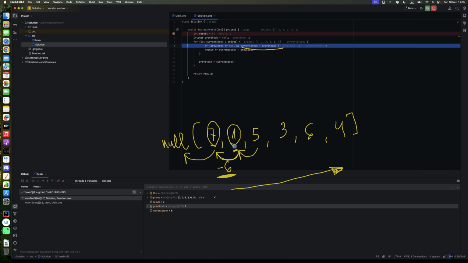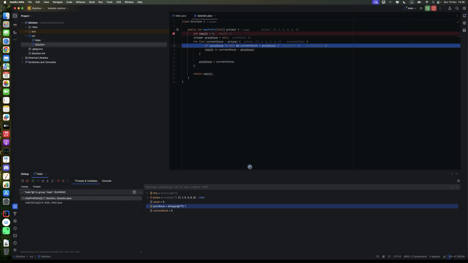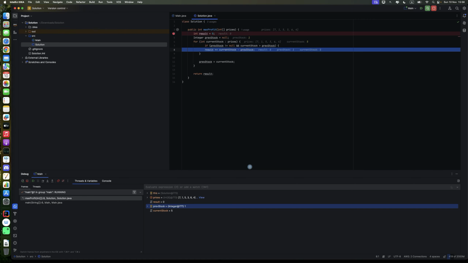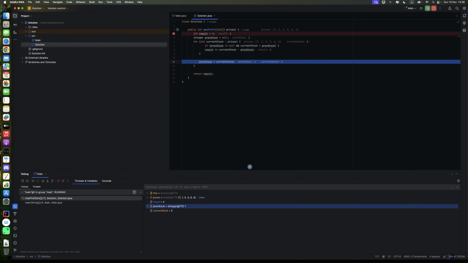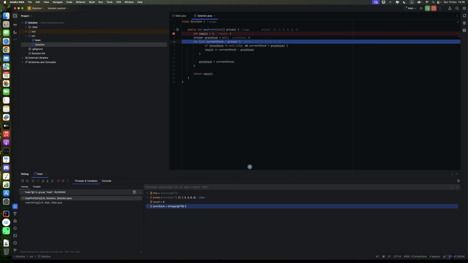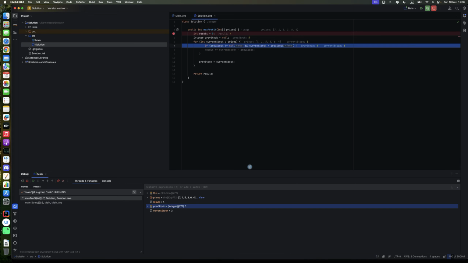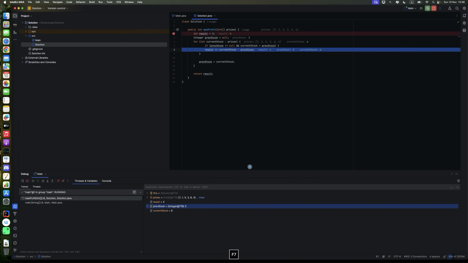So now the current stock is 5 and the previous is 1. We will have profit of 4 right here, right? And let's proceed. The result is 4. It's accumulated in the result variable. Now the previous stock will be 5. The current stock will be 3. 3 is not greater than 5. So we proceed. Now the previous stock is 3. The current stock is 6.